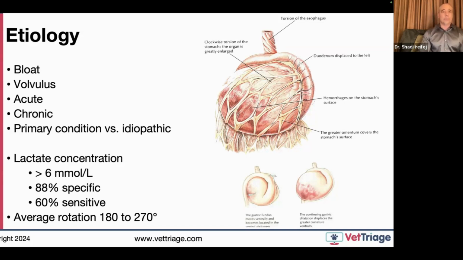We don't really know. I have seen chronic cases, what I call chronic GDVs, chronic bloaters, so I do divide them into acute and chronic. Obviously, the acute or peracute are the most common presentation, but I've seen dogs that literally walk in with a GDV and they're completely stable. The owner brought them in for abdominal distension, and they're doing fine otherwise.